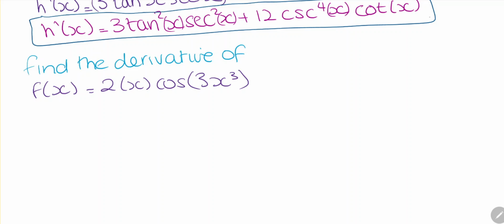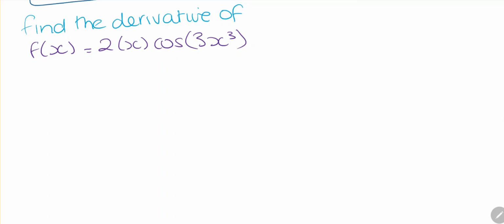So this time we have 2 terms multiplied together, a 2x and a cosine 3x cubed.